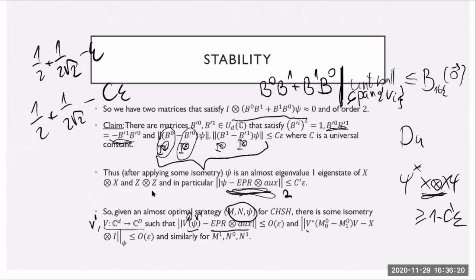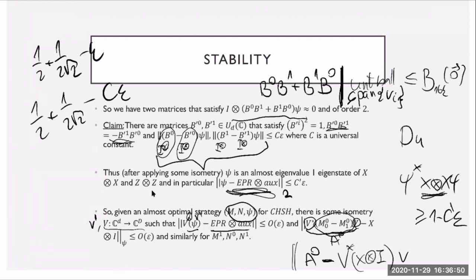And if you embed and act with your A naught, this is what we called A naught, and then you take the co-isometry of your isometry, maybe I needed the other way around. I think I wrote it the other way around. Okay, so I think you should do A naught and take minus X tensor I, and here you need to write V on the right and V star on the left. I think now this is the correct way.